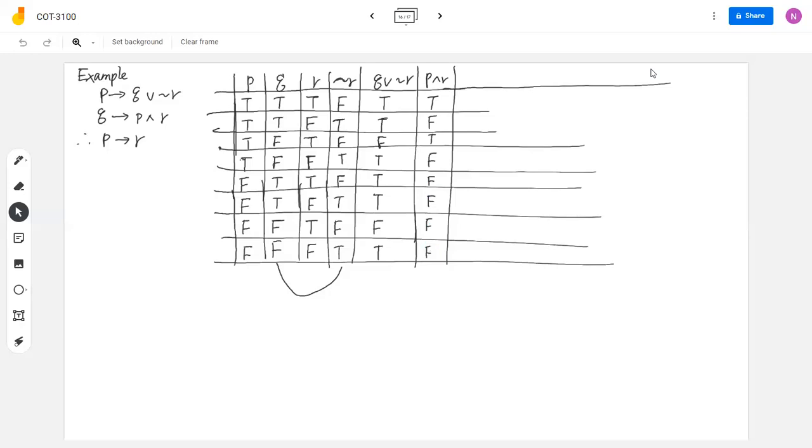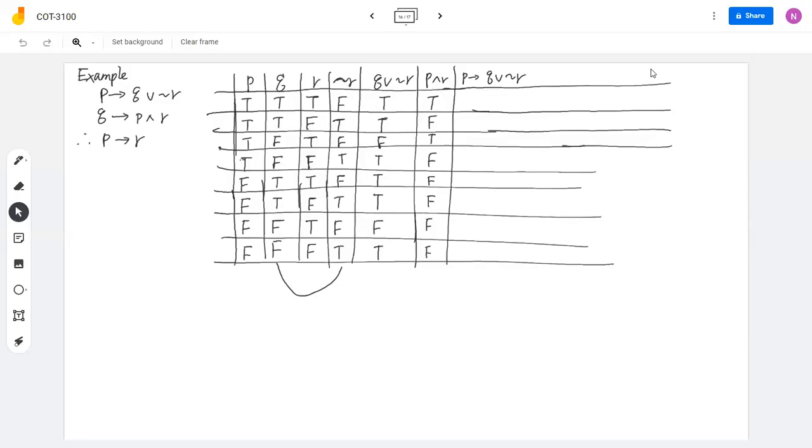Okay, now we come to compute the truth value of the premises. So the first one is P implies Q or not R. Usually you rename this because we already computed it.